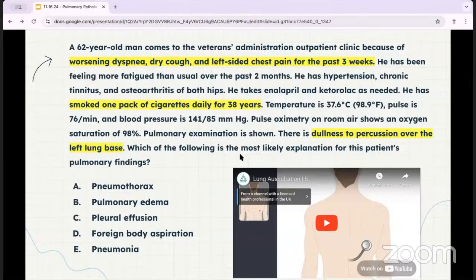And of course, we had that physical exam done, and there was dullness to percussion over the left lung base. That indicates something dense in the pleural space or lung, like maybe fluid or maybe a mass, maybe a consolidation. So we're not 100% sure yet, but let's continue. There's also, remember, the decreased breath sounds; those further support the presence of fluid or reduced lung aeration on that side.